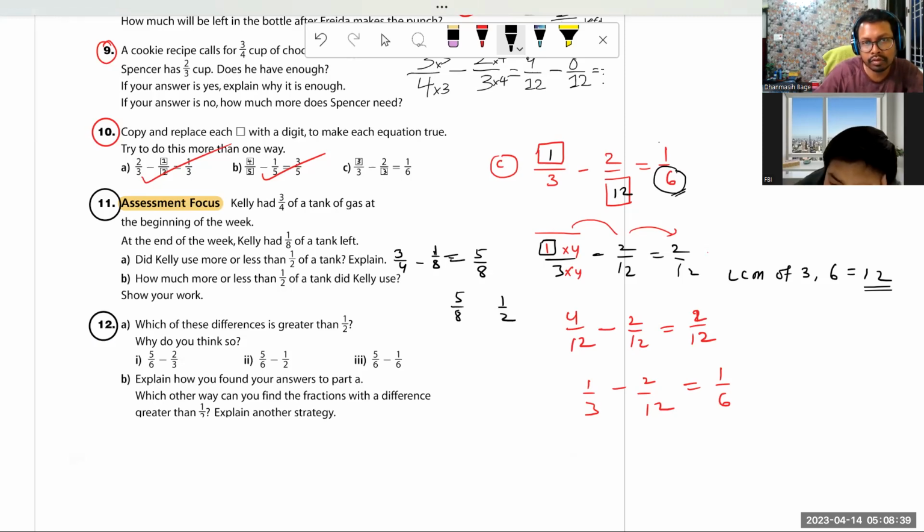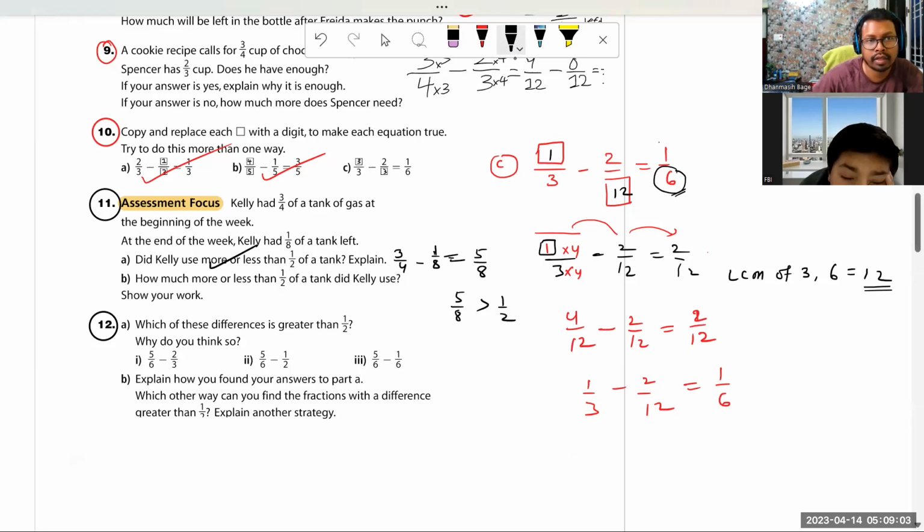This one is greater, right? I have told you the cross multiplication method: 5 2s are 10, 8 1s are 8. Whichever side is greater, that fraction will be greater. So did Kelly use more? More is the answer.